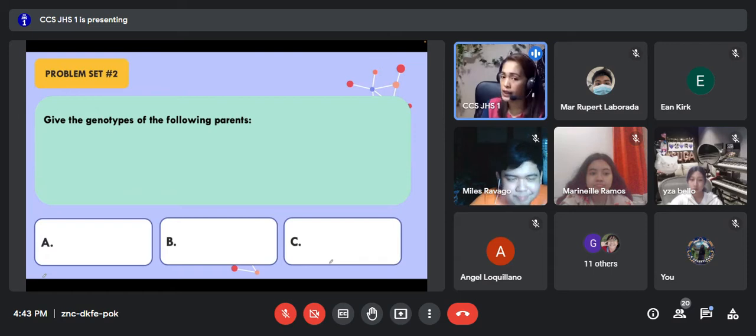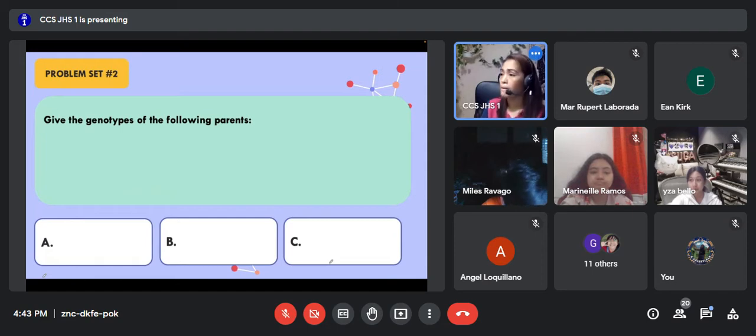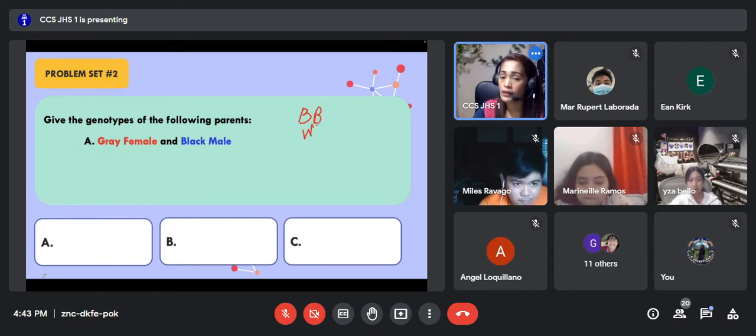Okay. So let us see if we understood this here. You are given three parent combinations. So take note, we have black, we have white, and we have gray.